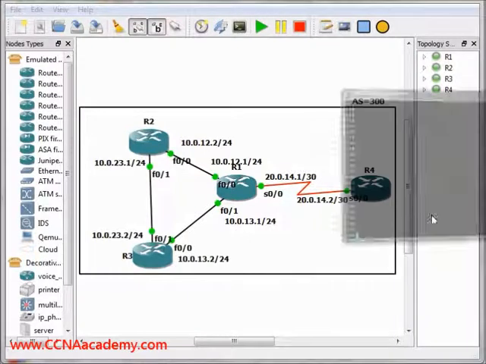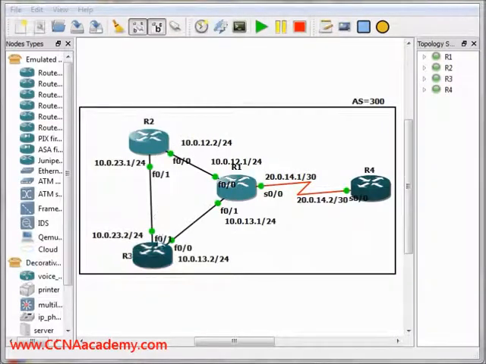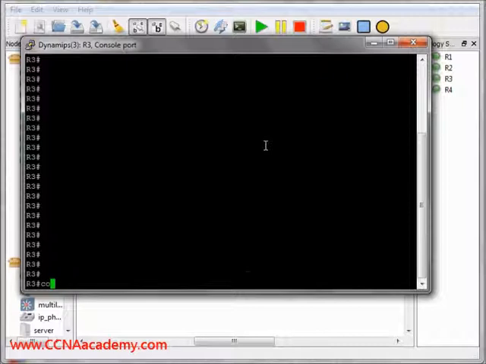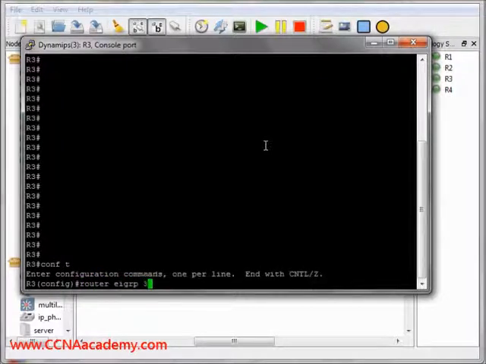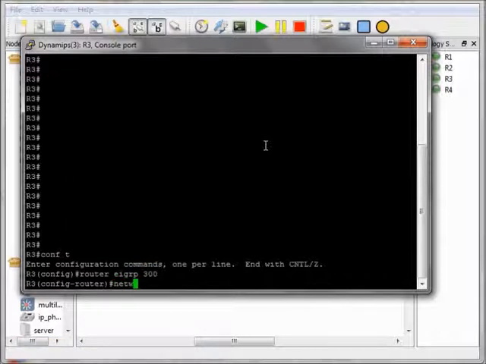So let's enter to router 3. As you can see, router 3 is connected to 2 networks: 10.0.23.0 and 10.0.13.0/24. So in router 3, conf t, router EIGRP 300. Okay, network.